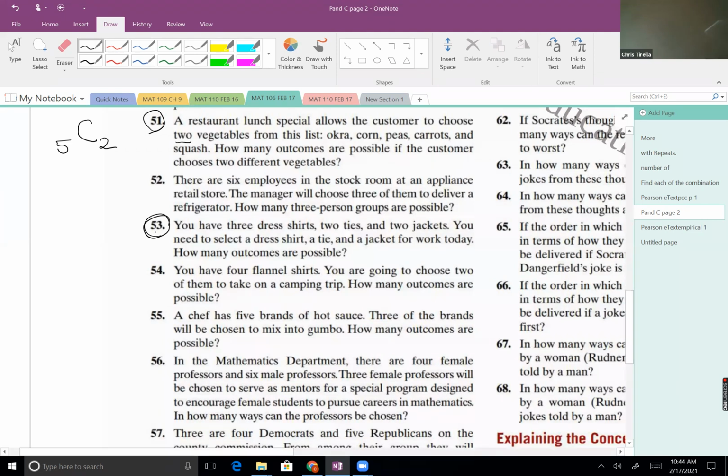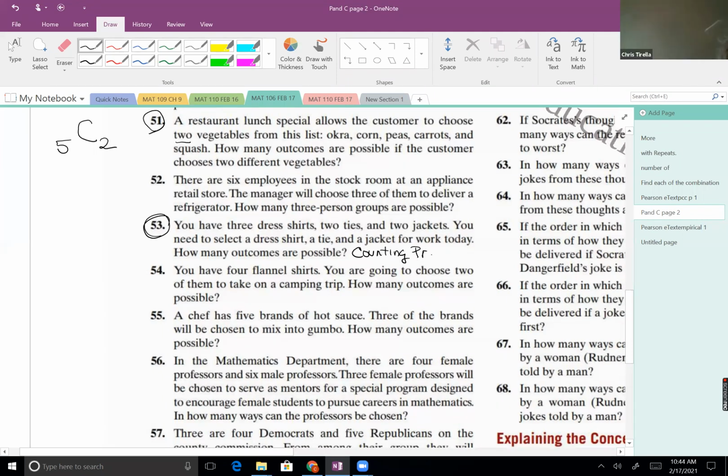How many outcomes are possible? This one's a little different, isn't it? This doesn't seem like the permutation and combination questions, does it? Doesn't this seem like my counting principle?